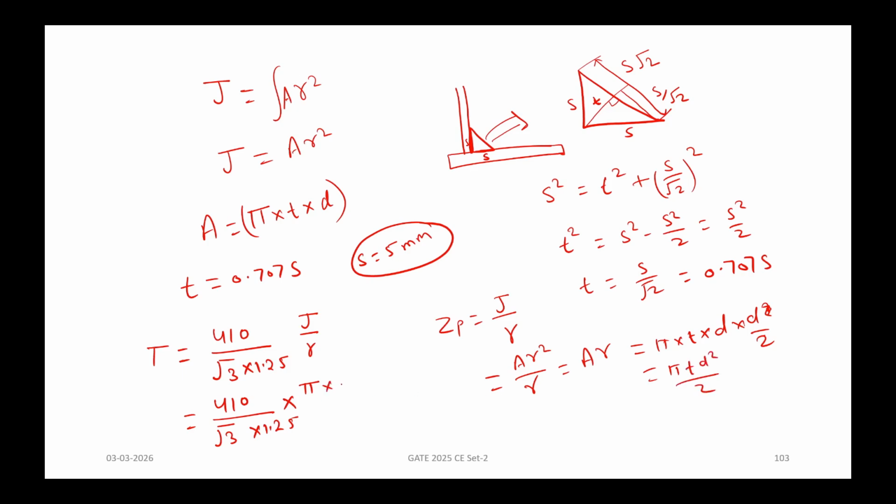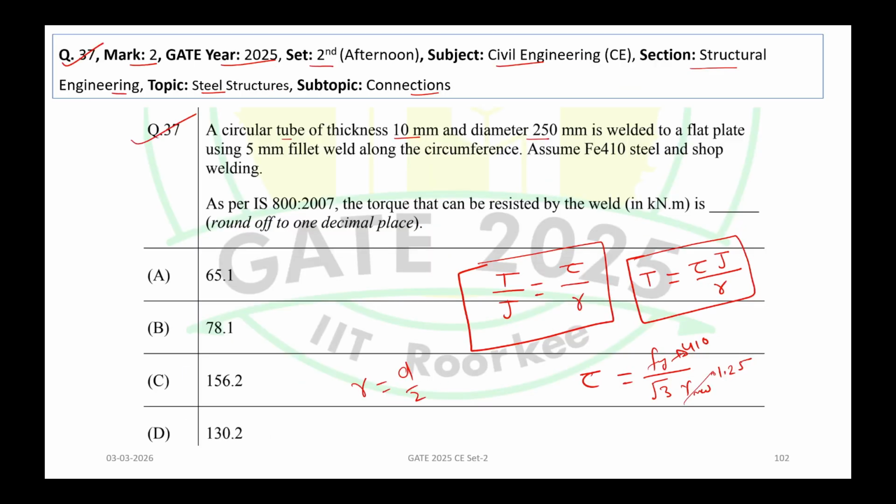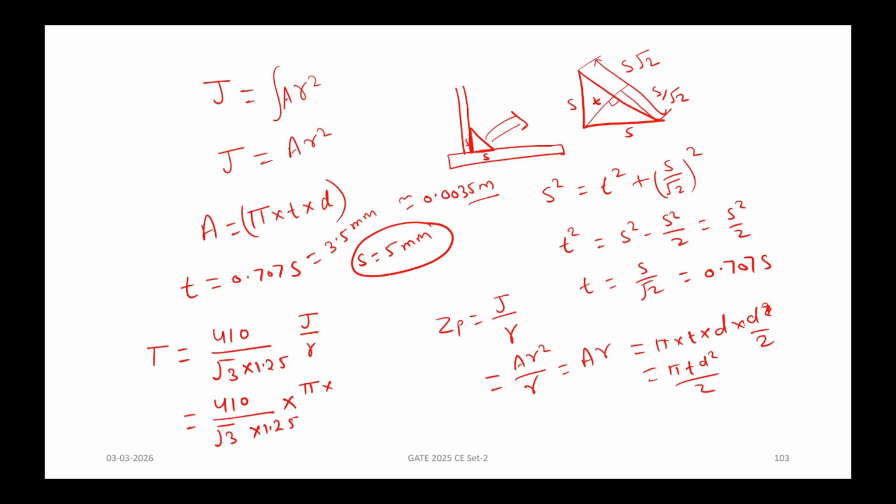When you calculate t, it will come to 3.5 mm, since S is given as 5. That is 0.0035 meter. We put all things in meters because we need the answer in kilonewton meter. D in the question is given as 250, so 0.25.